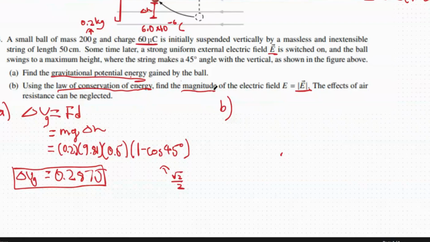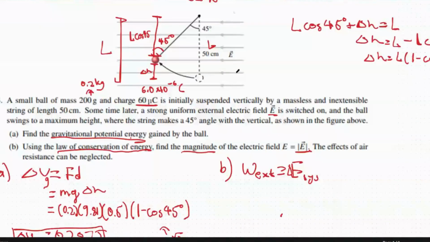So the law of conservation of energy states that the net work done is equal to the change in energy of a system. So the net external work done would be the change in energy of the system, which in this case, the system would be the ball and the Earth.